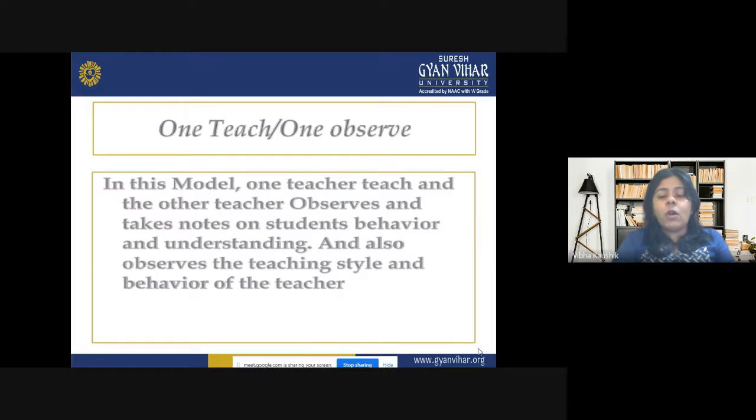The observing teacher is not only observing the behavior of the students and noting how they are understanding a particular concept, but is also observing the teaching style and behavior of the teacher towards the students.